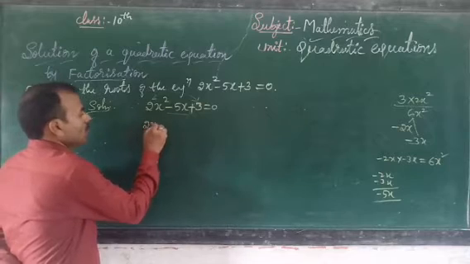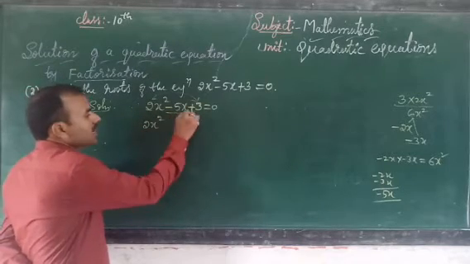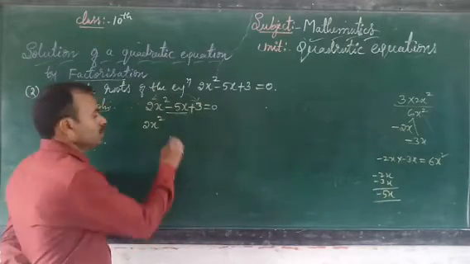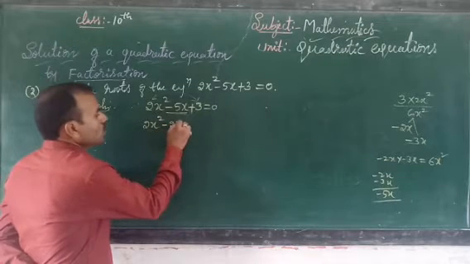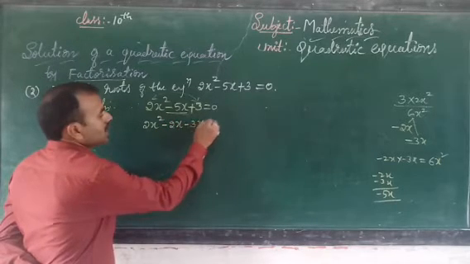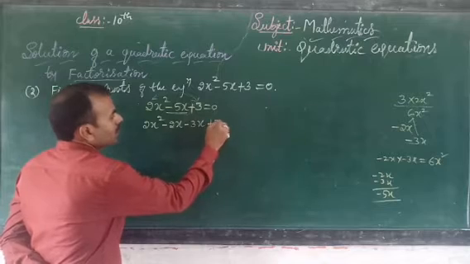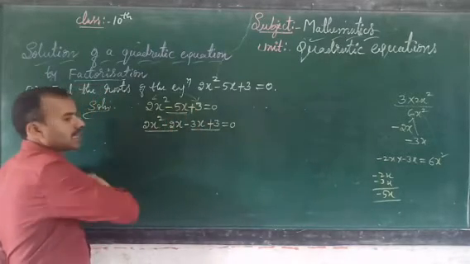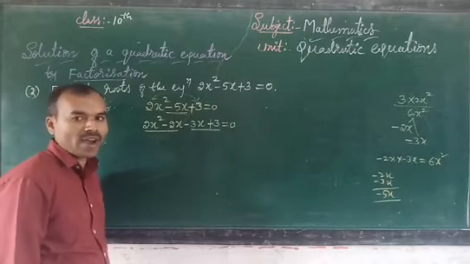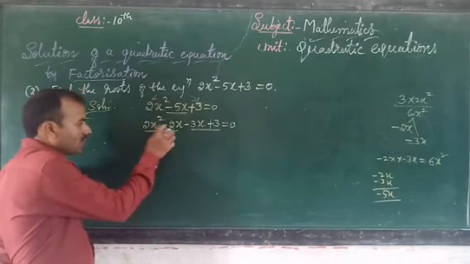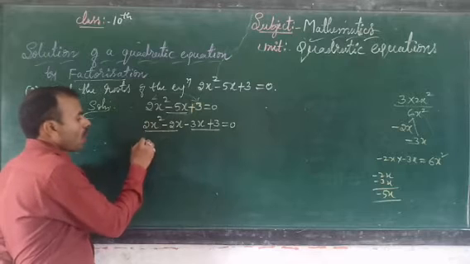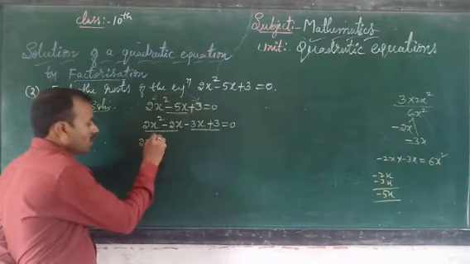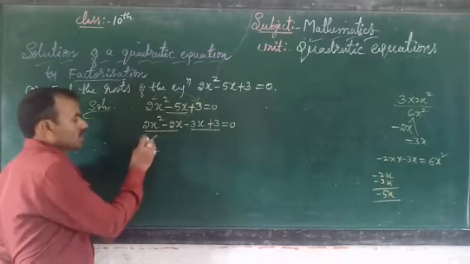So in the next step, 2x square, instead of minus 5x, I write minus 2x minus 3x plus 3 equals 0. Group the terms and take the common factors. The common factor in the first group is 2x, write it outside.